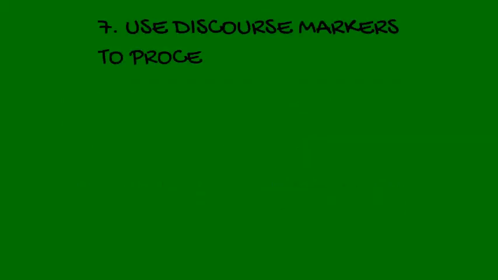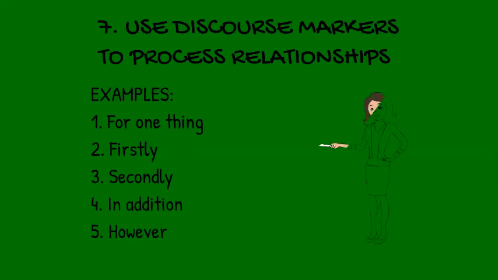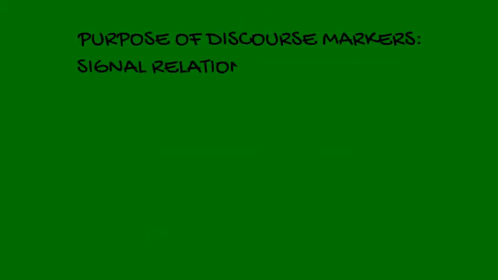Now, number 7. Use discourse markers to process relationships. Examples of discourse markers are for one thing, firstly, secondly, in addition, however, etc. They signal relationships among ideas.